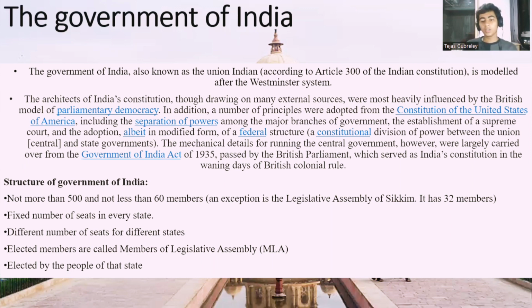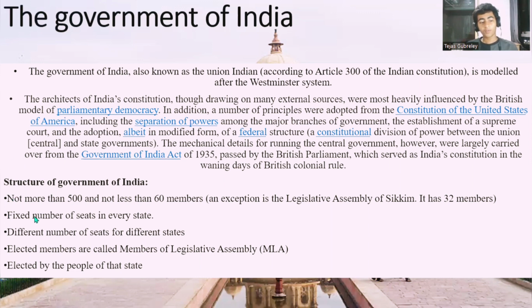But in Sikkim, as you can see over here, it has 32 members. Why does it have 32 members? Because it is a small state. If the state is larger, it will get more members, but a small state has less population, so it will also have fewer members.